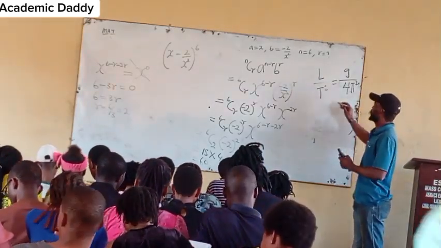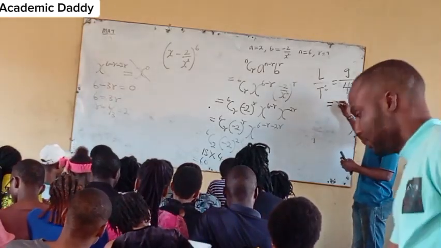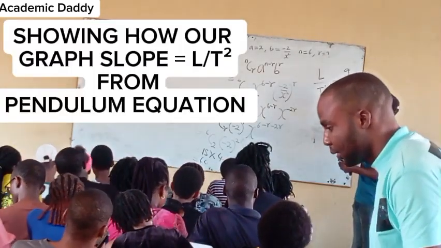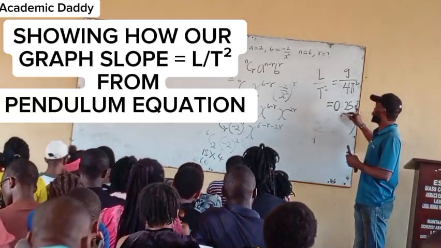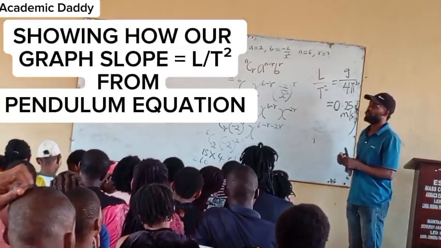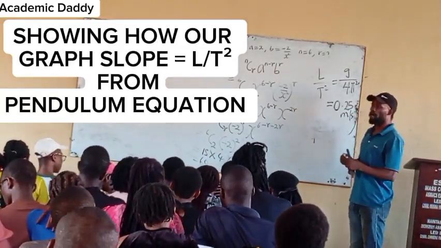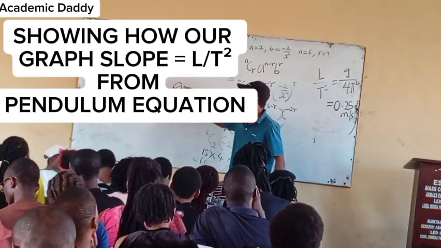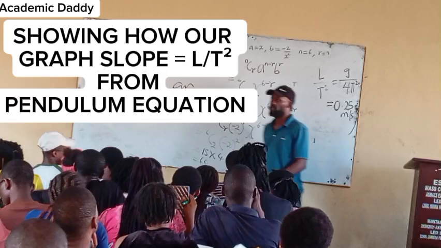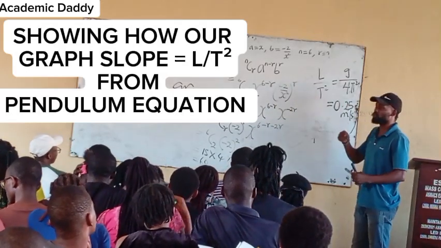0.25. Is it? 0.25, that's what we got. And it's meter per second, are you aware? Centimeter per second is what we use on our graph. Do you remember? Centimeter per second, because remember, that is what we need to know.